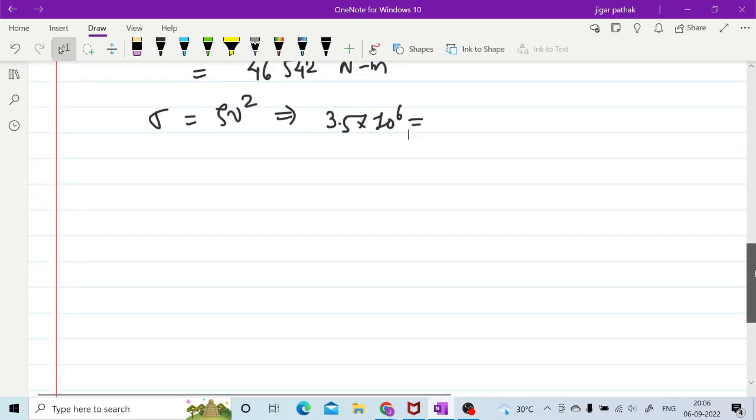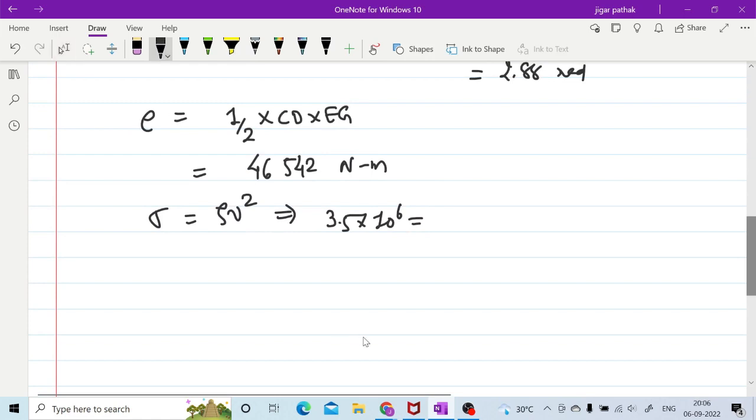So yes, you can calculate this, into V square, right?